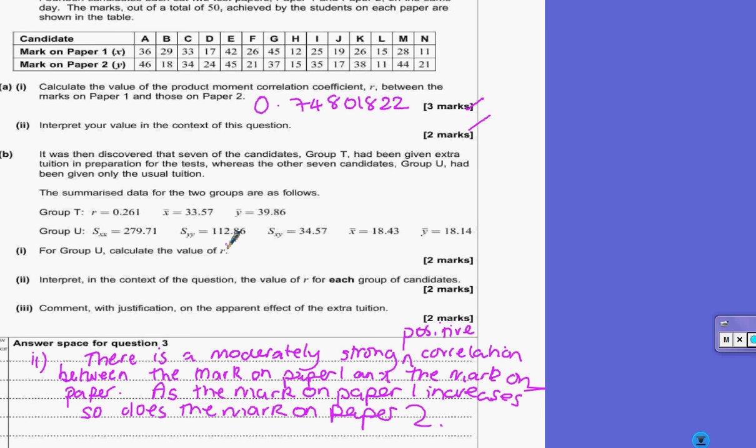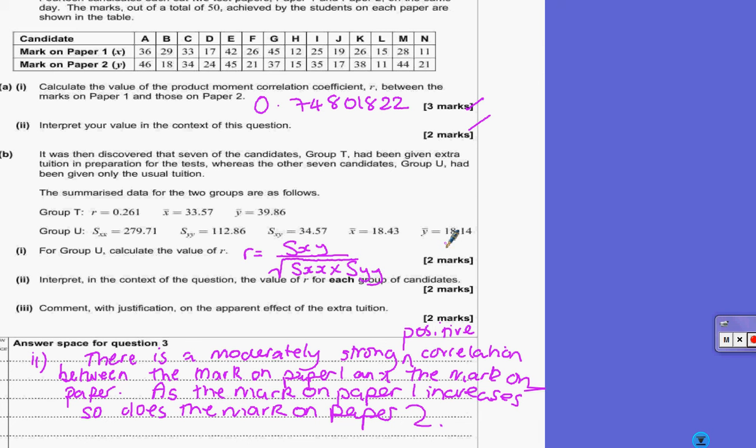So calculate the value of R. So you have to go to your formula book to find this, and you will be given R equals S of xy over the square root of S of xx times S of yy. So you just got to sub in the values you've been given.